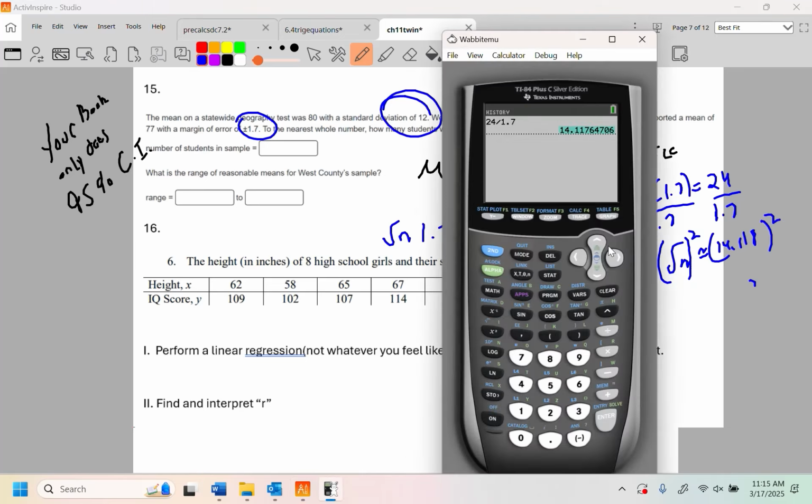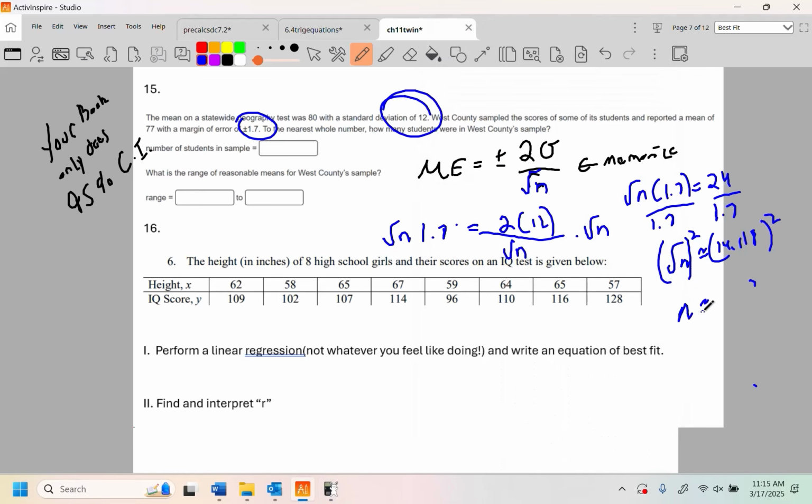I'll just take my entire decimal and square it. So 199 kids. n is about 199 children. And say to the nearest whole, we would actually say 200, but whatever. 199 kids. It is a really bad looking 199.